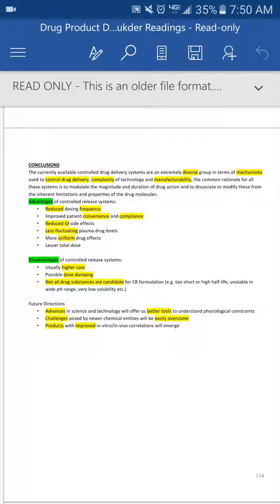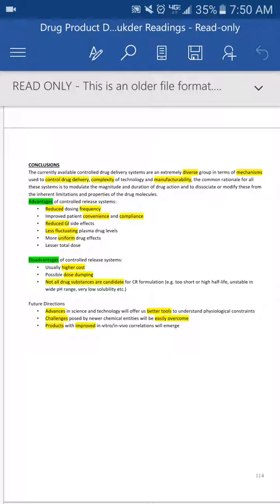Meaning that you want to control the properties of the drugs, control the release rate. If it dissolves really quick and absorbs really quick, that's pretty much a dose dumping right there. The immediate release is not a good idea there, because the dose will be too high. So you want a sustained controlled release in that case.